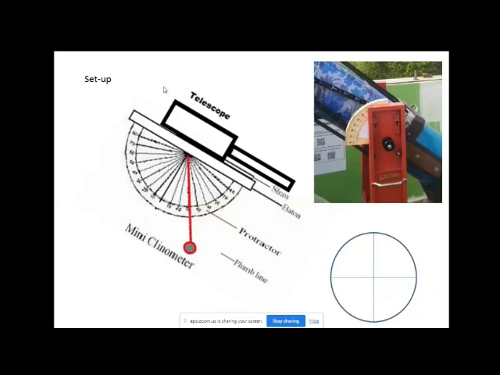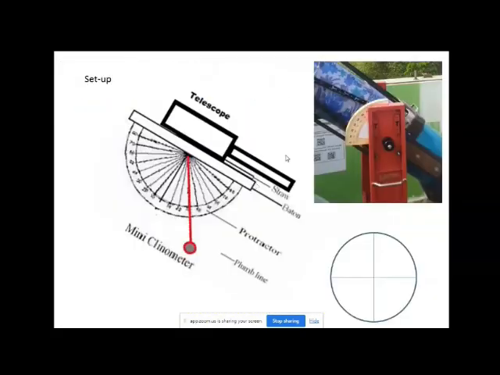So you can attach a small telescope on a platform, and there will be an attachment with a protractor. This mini clinometer gives you this result.